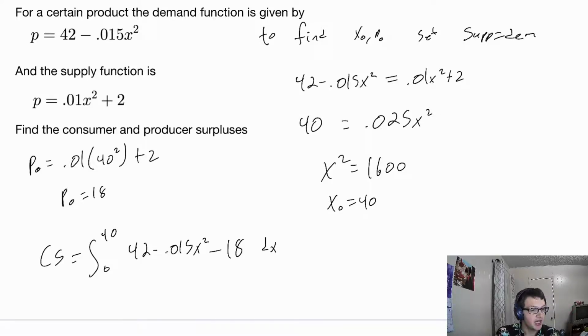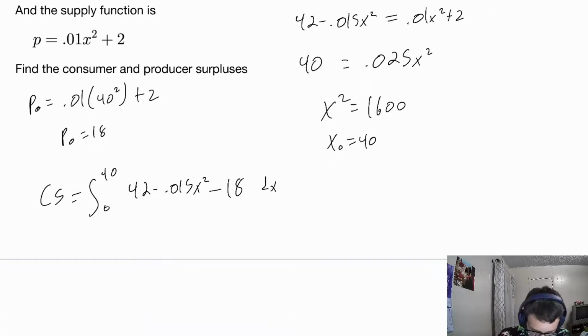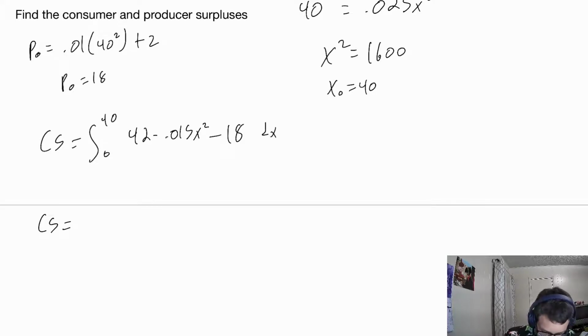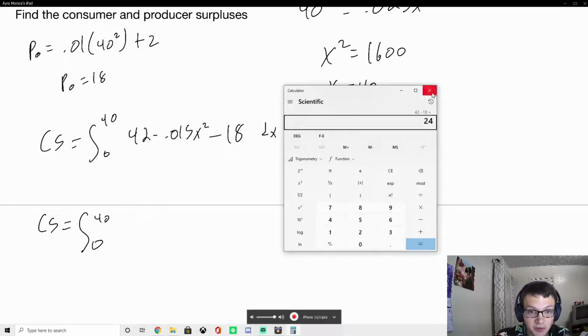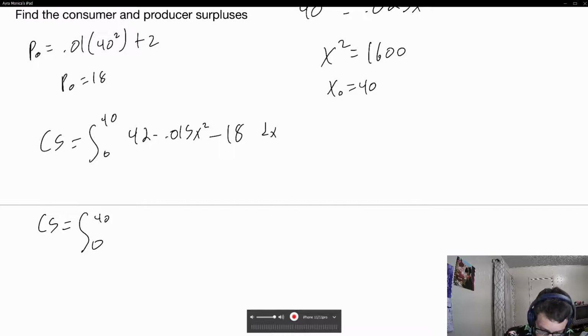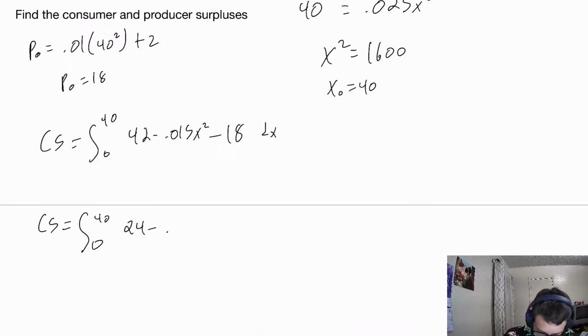Okay, we can simplify this a little bit. It's the integral from 0 to 40 of 42 minus 18 is 36, I think, but no, it's not. It's 24, and that's why we have calculators. So 24 minus 0.015 x squared.